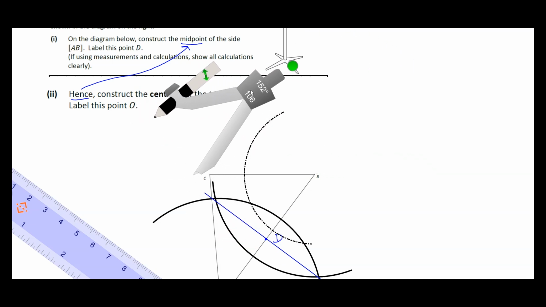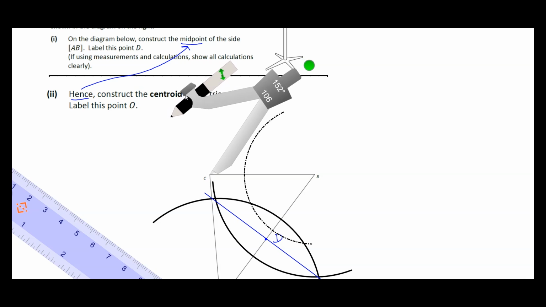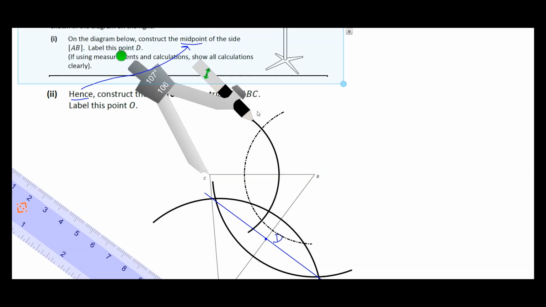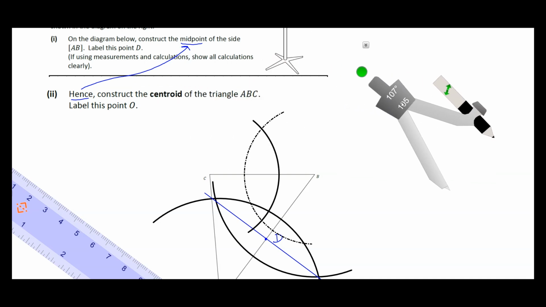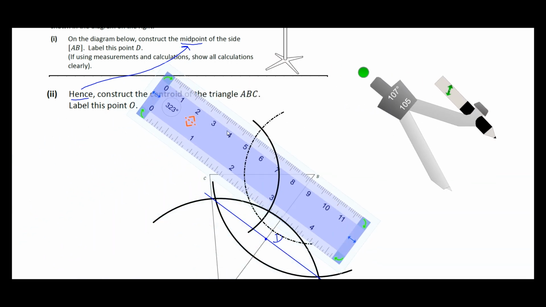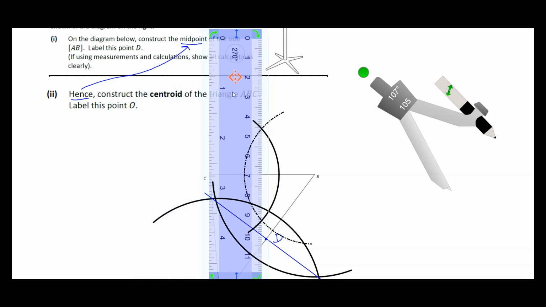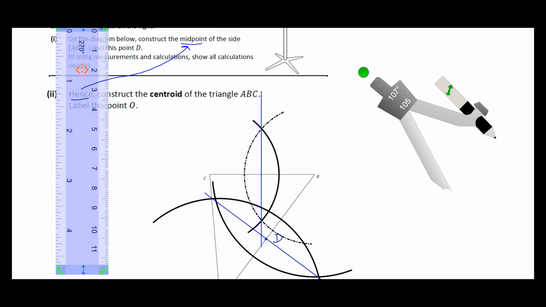And again, we take it without changing our compass on the other side. And when those arcs meet, we have to make sure we align well. And when they meet, that's my second midpoint.